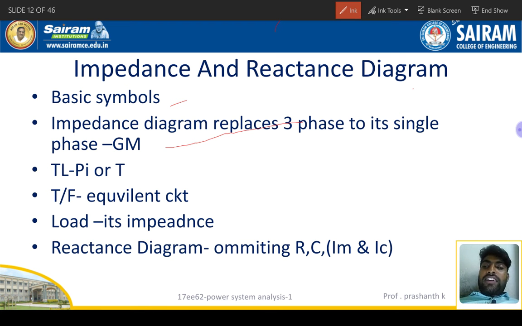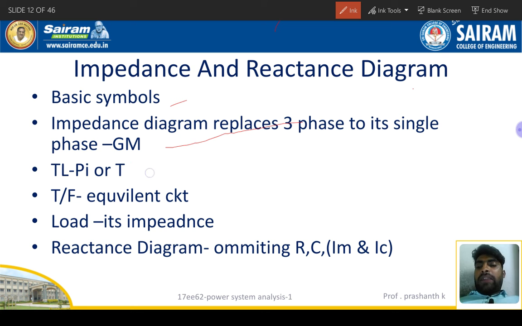So that's why three phase parts or components we are converting into single phase, because the phases are same. It's a balanced circuit. All phases will be same. For calculation point of view, we are converting three phase to single phase, right?